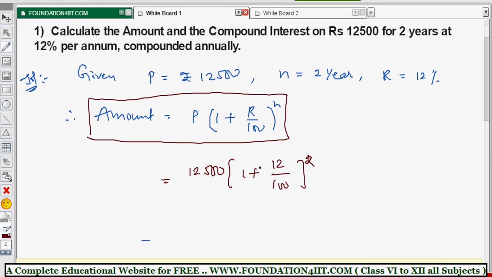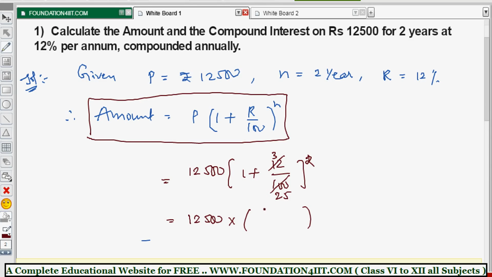Now we can simplify. Within the bracket, take the LCM of 1 plus 12 by 100. We can cancel by 4: 25 fours are 100, and 4 threes are 12. So 3 by 25. Now that is 12,500 into (1 plus 3 by 25).